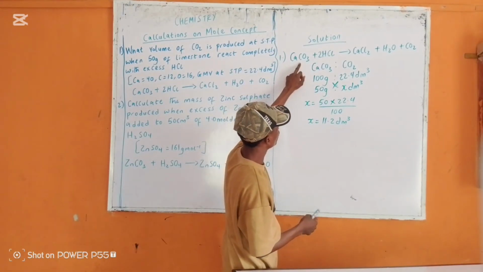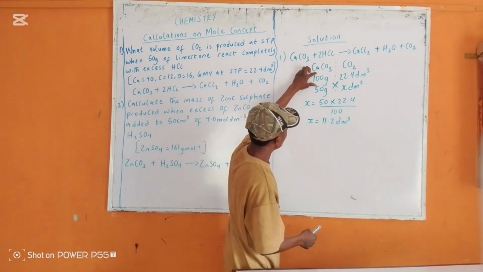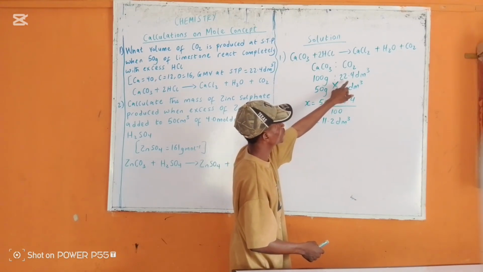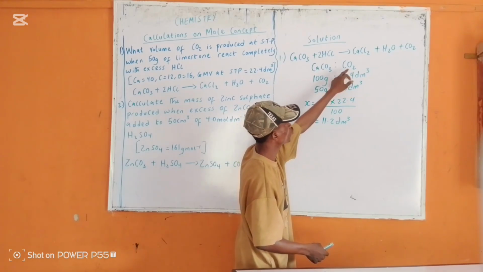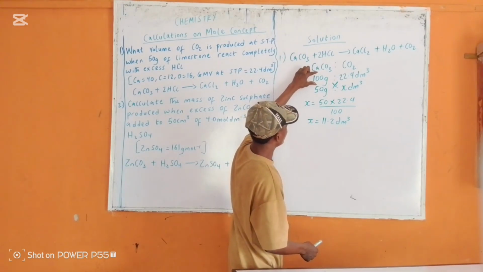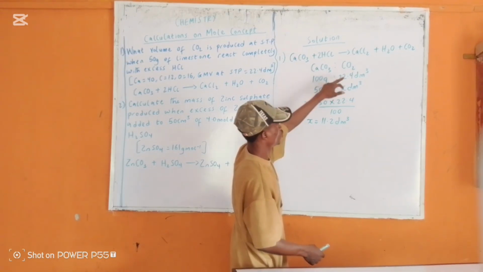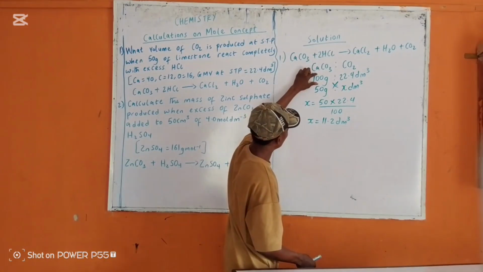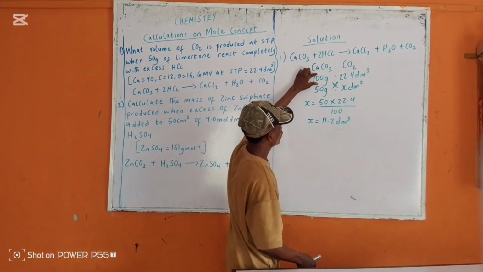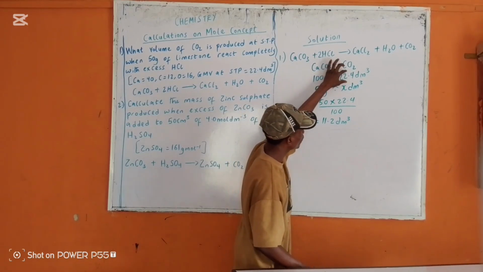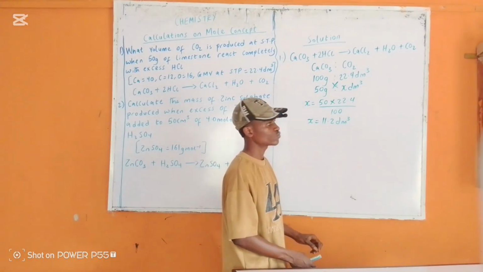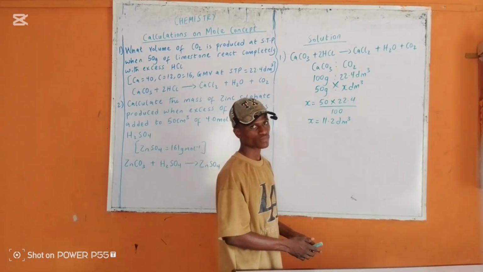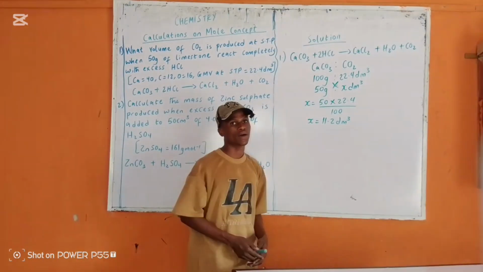Because from the equation, we can see that 100 gram produced 22.4 dm cube of CO2. If 100 gram produces 22.4, then half of 100 gram will also produce half of this, which is 11.2 dm cube. So that is for number 1.